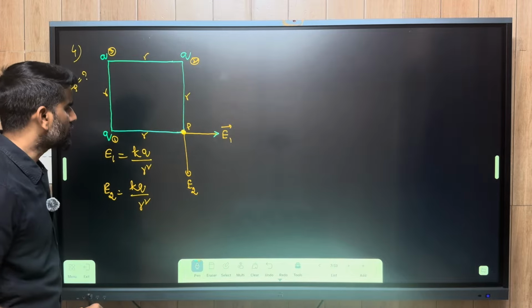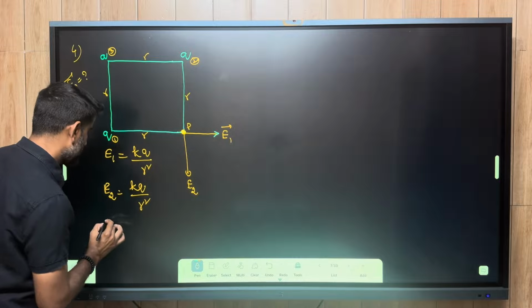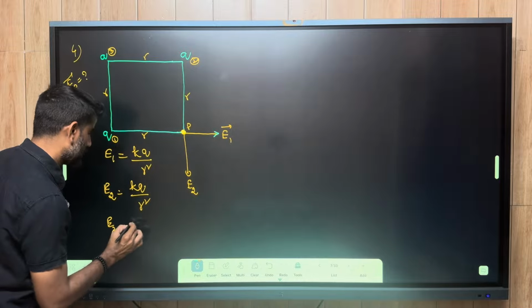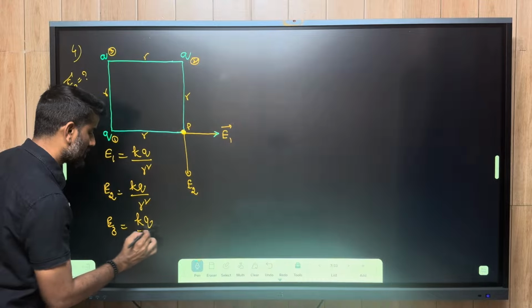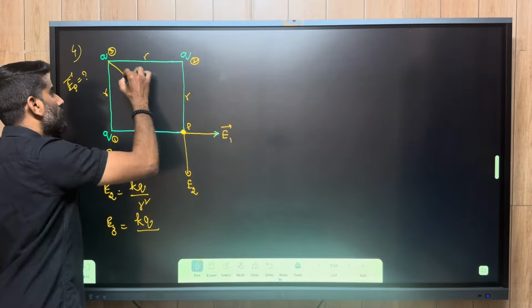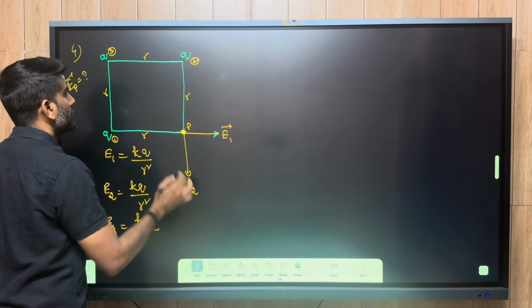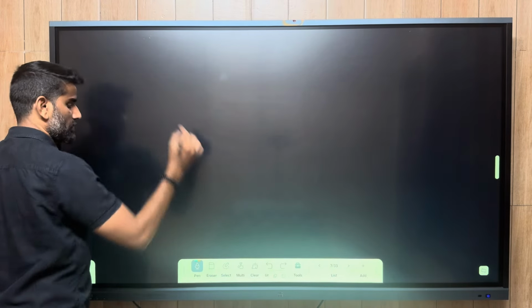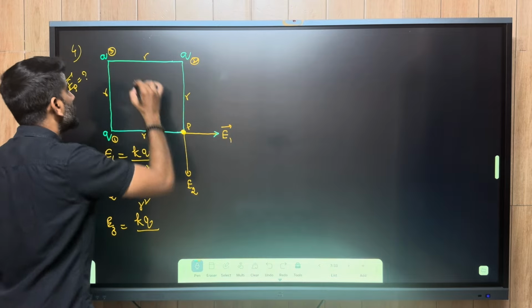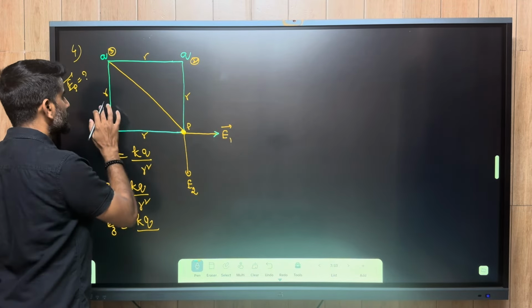Now coming to the third charge, that is Q. E3 is KQ; the charge is the same, medium is the same, but the distance is this one. How much is this distance?